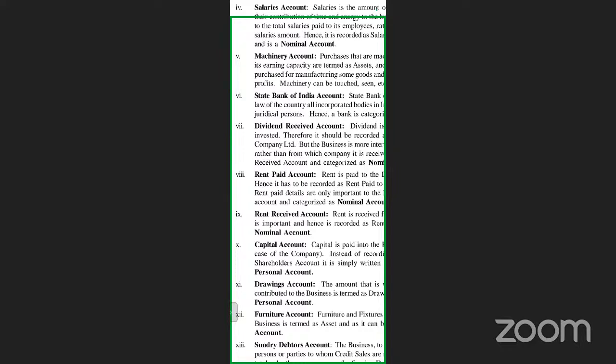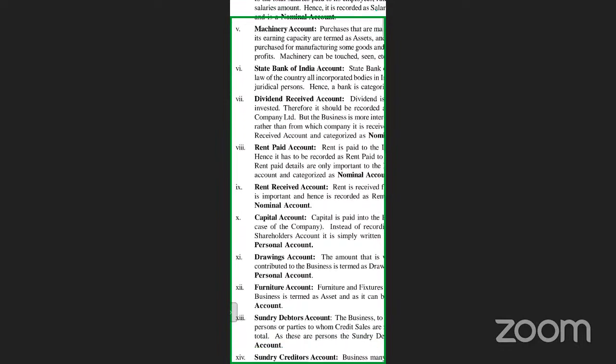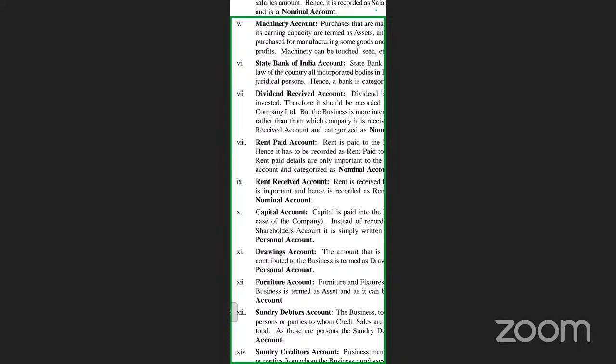Sundry debtors account. Sundry debtors come under which account? Do you know who are sundry debtors? Whenever I am selling goods to some customers, they are not paying the amount on time. They are paying after 1 month or 15 days, which means selling the goods on credit basis.